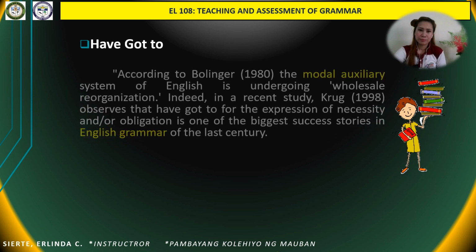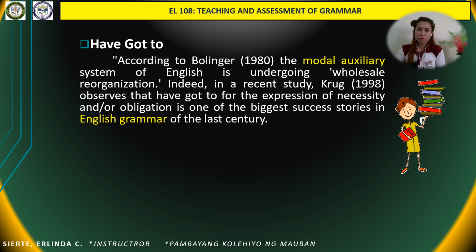All right. So according to Bollinger, 1980, the modal auxiliary system of English is undergoing wholesale reorganization. Indeed, in a recent study by Craig 1998, he observes that have got to for the expression of necessity and/or obligation is one of the biggest success stories in English grammar of the last century.